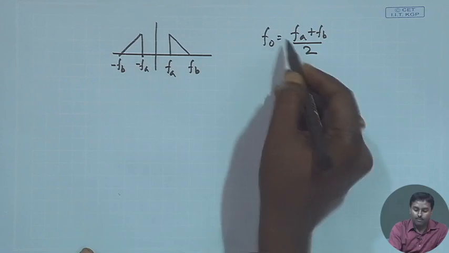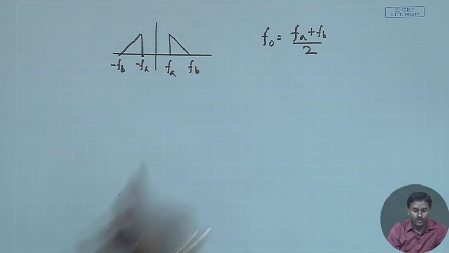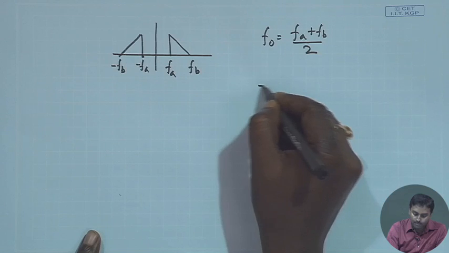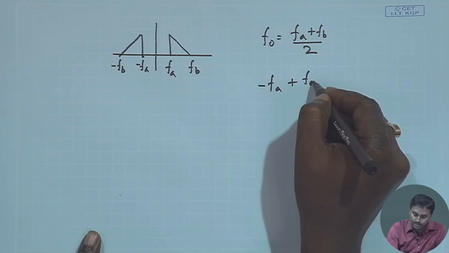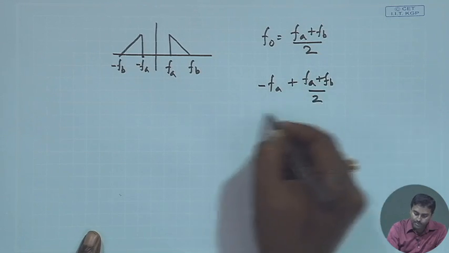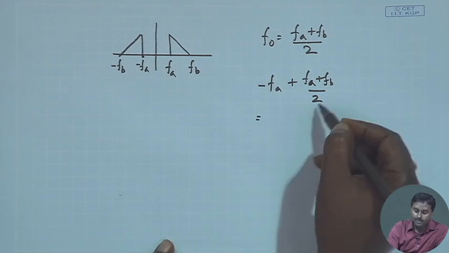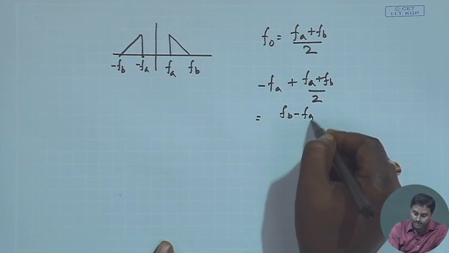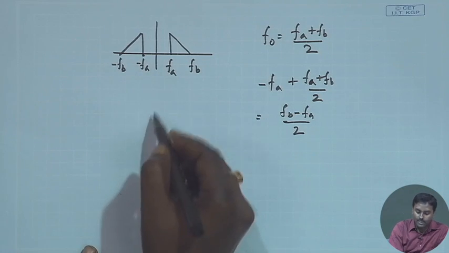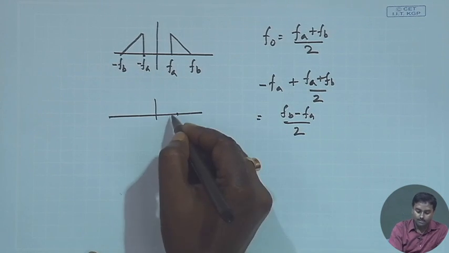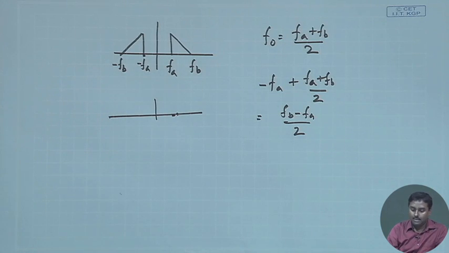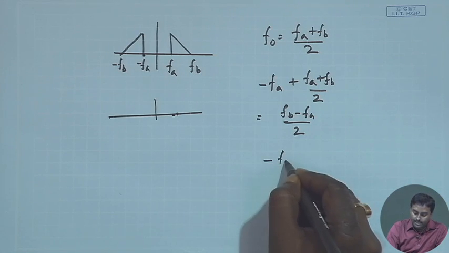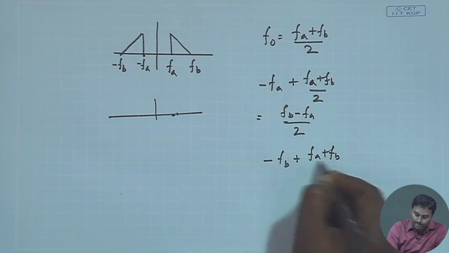So, if I just give a positive F0 translation, let us say it shifts to the positive frequency side, then what will happen? Minus FA plus F0 will be the frequency where it gets translated. So, minus FA plus (FA plus FB) divided by 2, which is nothing but (FB minus FA) divided by 2, right. So, this frequency goes over here, this FA, and minus FB goes to minus FB plus (FA plus FB) by 2.